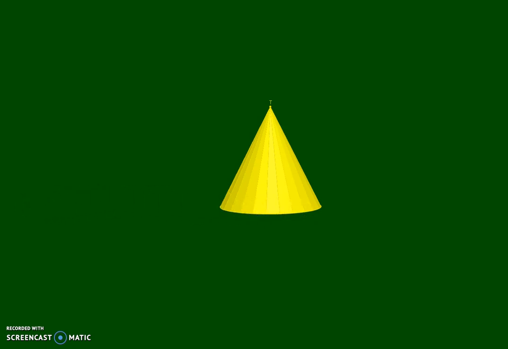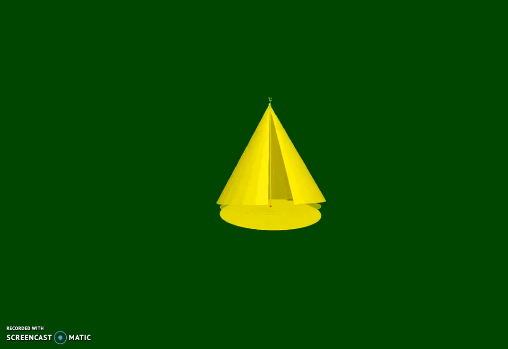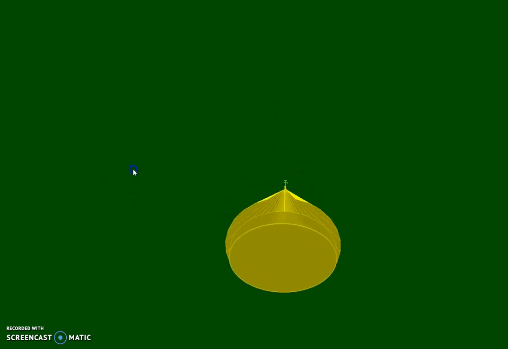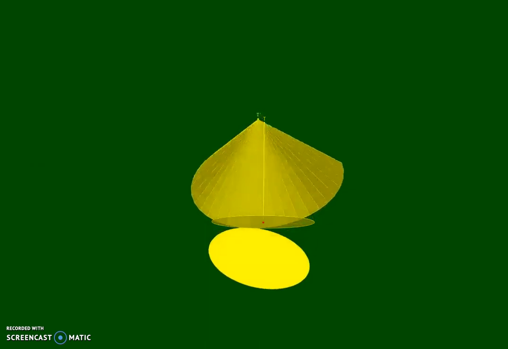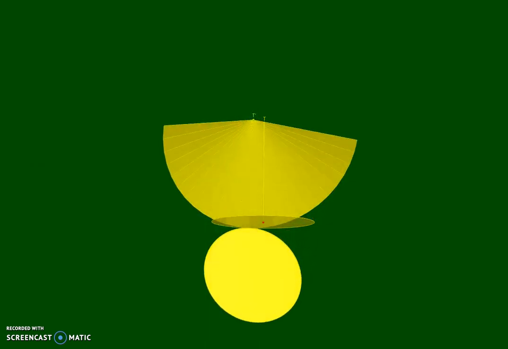So we're going to go ahead and start unwrapping this, and notice how the nape of the cone here is separating from the base, but notice this distance around the nape of the cone. As I continue to expand that, you can clearly see that this distance from here to here is the distance around the base.